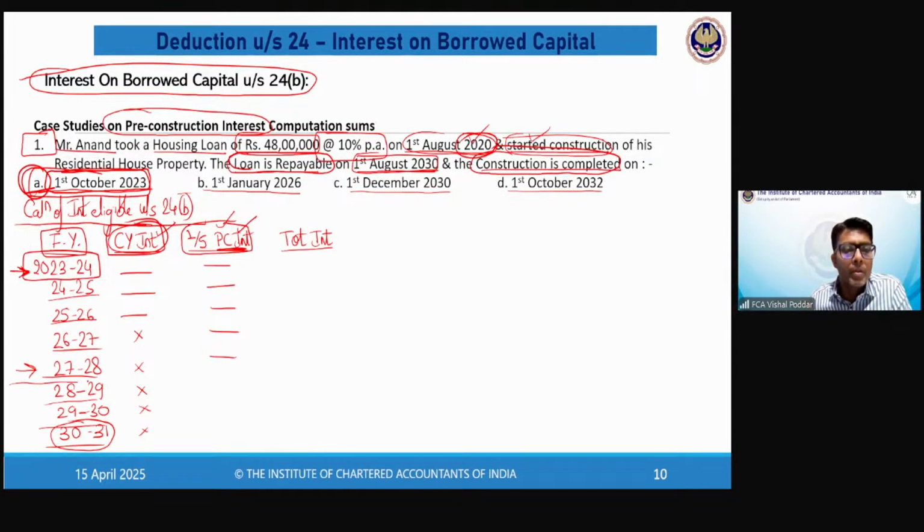That is why I'm saying compulsorily first 5 years you are going to have interest calculation. Maybe not for current year, but you'll always have it for pre-construction because it will last for 5 years. And then current year interest will last till the date the loan is. So current year interest depends upon the loan repayment, and it may be less than or more than the 5 years period. I hope this is clear to all.